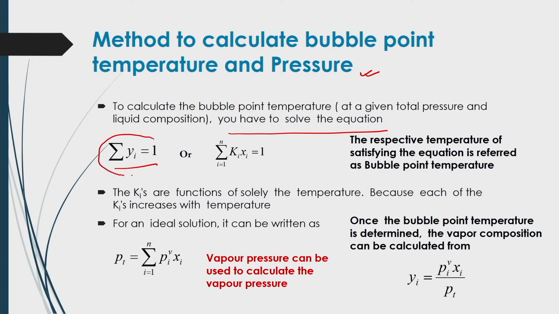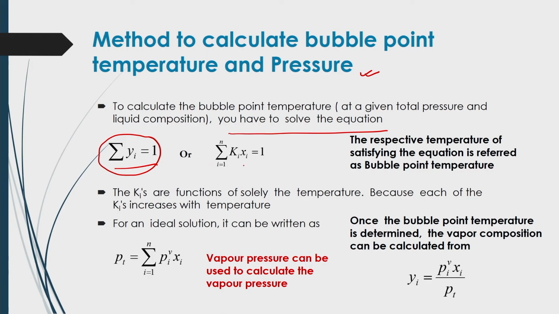That means the summation of y_i will be equal to 1. So, at what temperature will the summation of the mole fractions of the components in the vapor phase be equal to 1? At that condition, it will be the bubble point temperature.